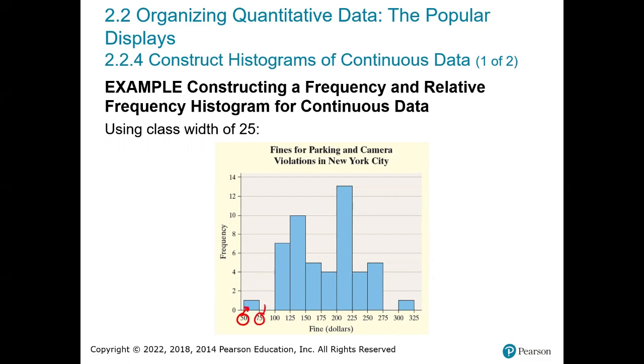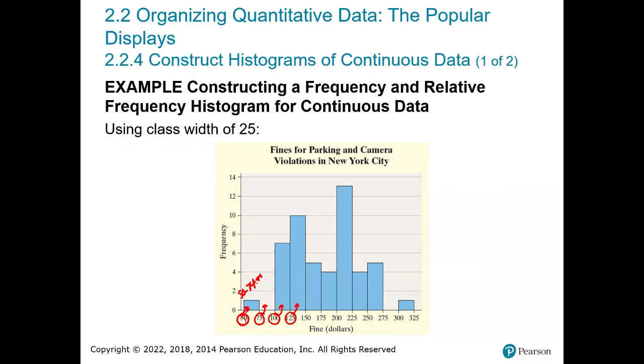So 75 is in this one, 100 is in this one, 125 is the start of this one. So this is 50 to 74.99, because 75 is in the next one. The value on the axis is always the start of the next histogram box.